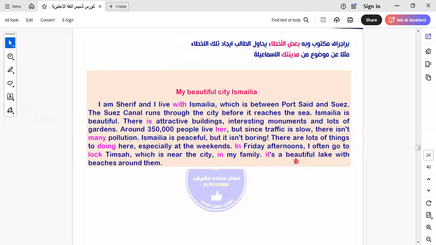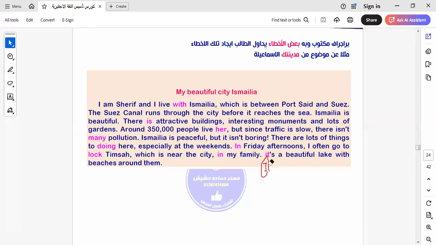Here we have a mistake: the word must be written with a capital letter. This I must be written in capital. Miss Iman told us that we must write the beginning of the sentence with a capital letter. So here's the mistake. It's a beautiful lake with beaches around it.